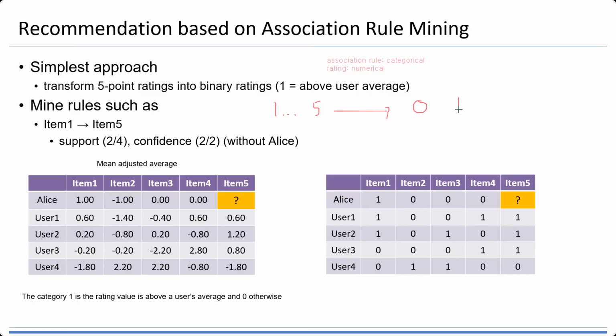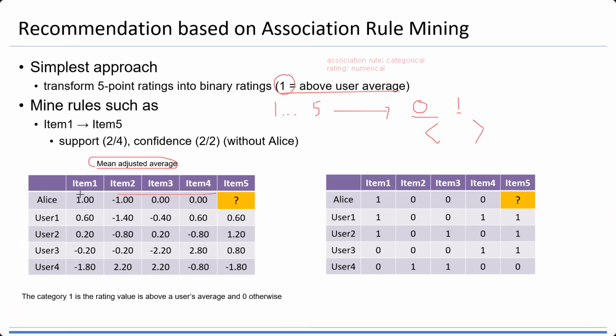There is one way: we can use the mean adjusted average. If you still remember, last week we learned about the mean adjusted average. If it is above the average, let's make it 1. If it is lower than the average, let's make it 0. Then 0 is below the average and 1 is above the average.